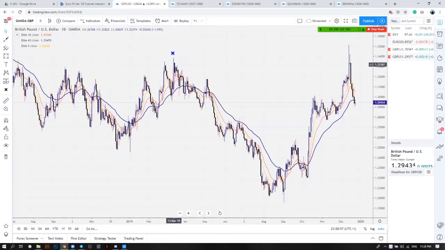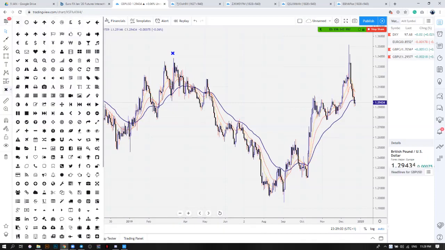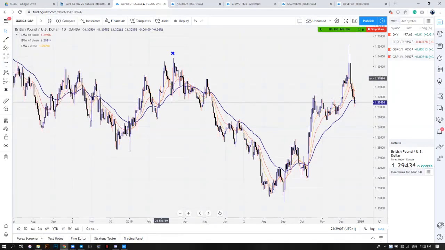So we mark this area X. So this is an intermediate term high. The reason why is because there's two short-term highs on either side of it. Okay, this constitutes an intermediate term high. Mark this one, intermediate term high.